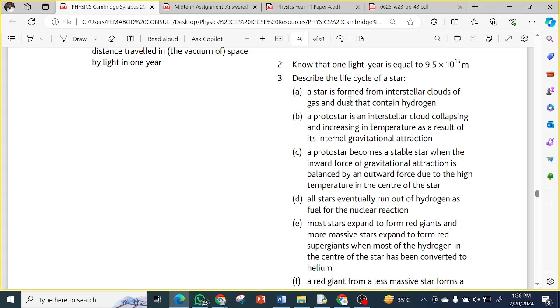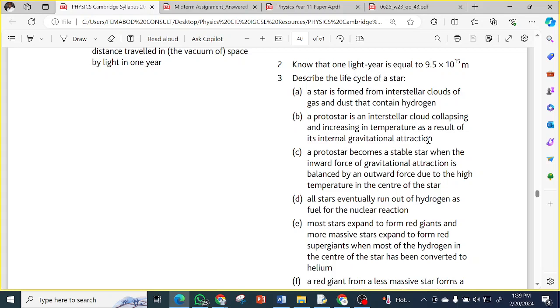Then, we can also use the concept of the accretion model: the clouds and dust keep moving around in a circle as a result of gravitational force, which we are going to look at later. Now, after that, a protostar is an interstellar cloud collapsing and increasing in temperature as a result of its internal gravitational attraction. That is to say, as hydrogen, dust, and gas particles are moving around in a circle, the internal gravitational attraction continues, and the internal energy will also increase.